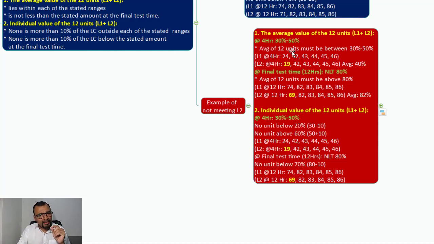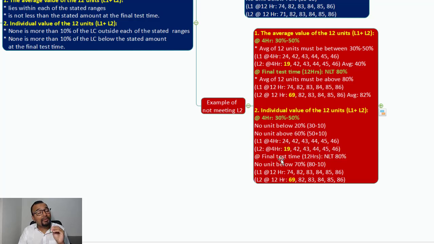So my average should be 30 to 50%, and no unit must be below 20%, and no unit must be above 60%. So let us analyze the data. 24%, 42, 43, 44, 45, 46 are within the stated range, in between 20 to 60%. 19, 42, 43, 44, 45, 46.